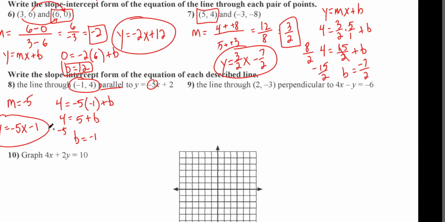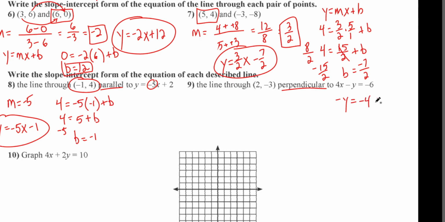Number 9 is very, very similar, except for one thing. This is what? Perpendicular. So I got to find the slope of this line. Now, they didn't write it in slope-intercept form, but I can put it in slope-intercept form. All right, let's do it. Subtract 4x from both sides. I'm going to go through this quickly because we've already done this a couple times.